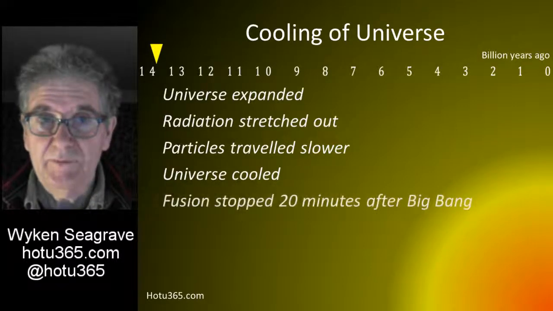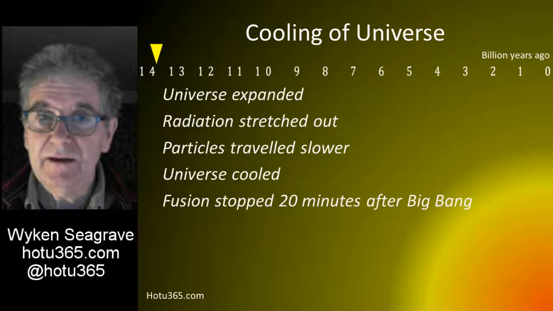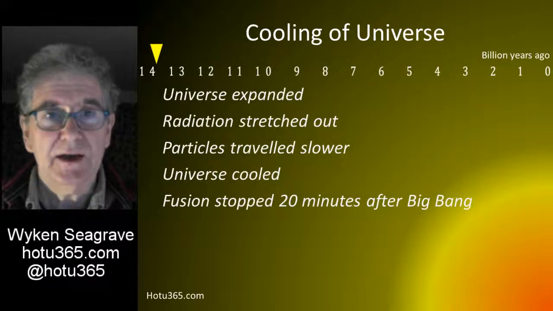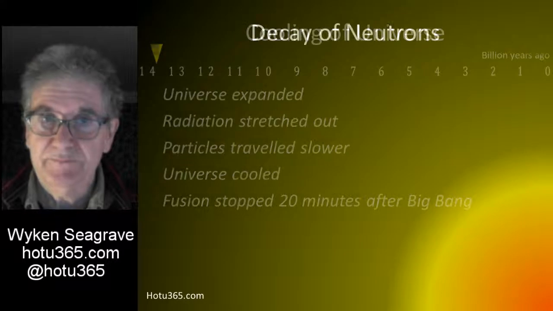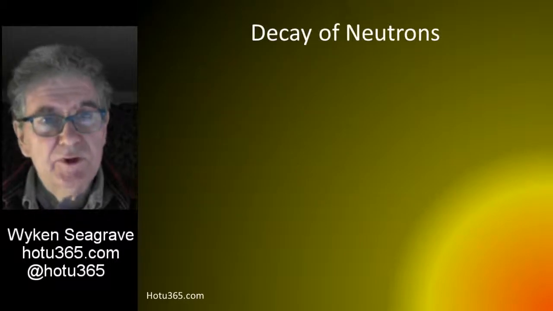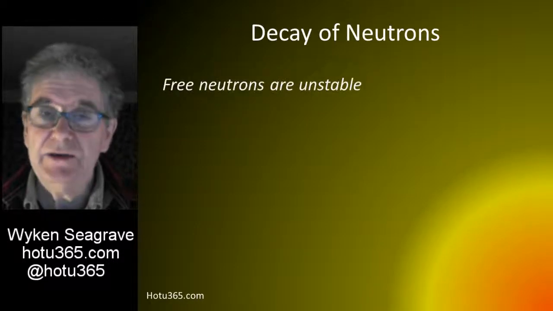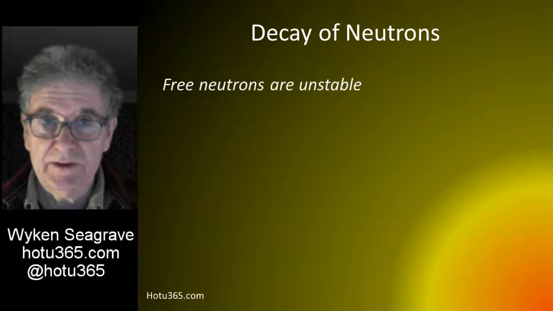So there was not enough energy, they were not travelling fast enough to fuse together, so fusion stopped after about 20 minutes. There were still some neutrons which had not found their way into alpha particles.